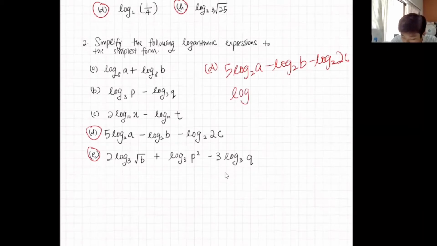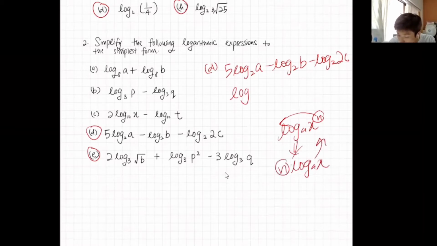So I would bring the 5 up because you know, right? Log ax power of n, this one can bring down. Okay, similarly, this one can become n log ax. Similarly, I can work the opposite direction. Okay, this n I can throw it up to become like this. That's the idea.